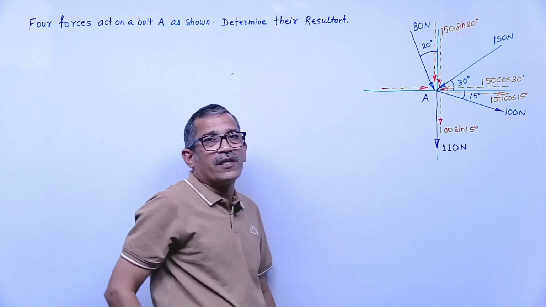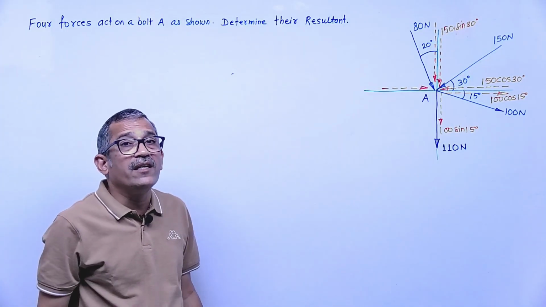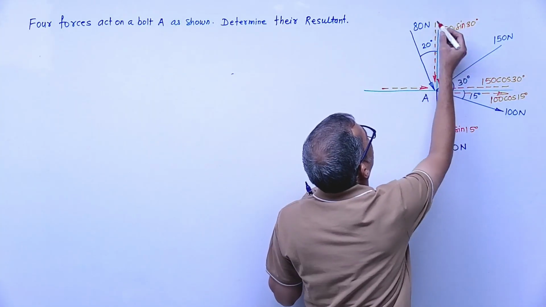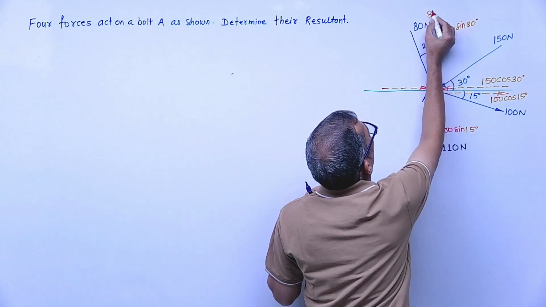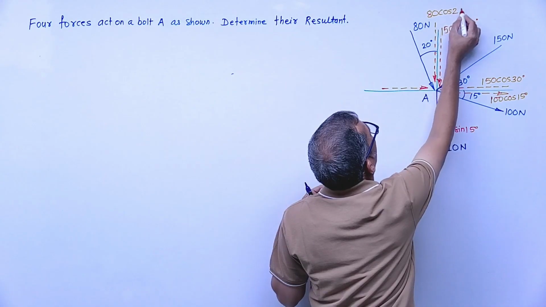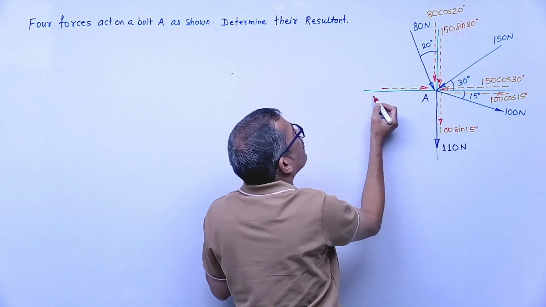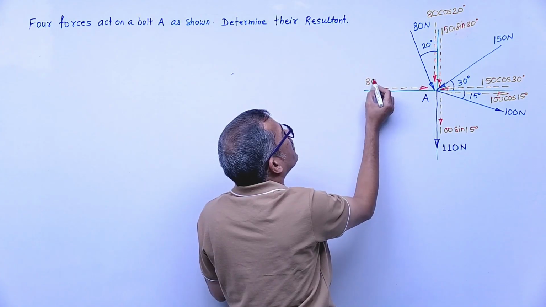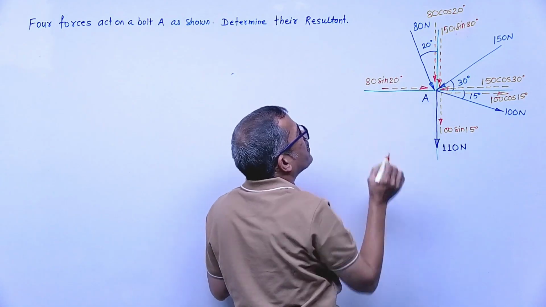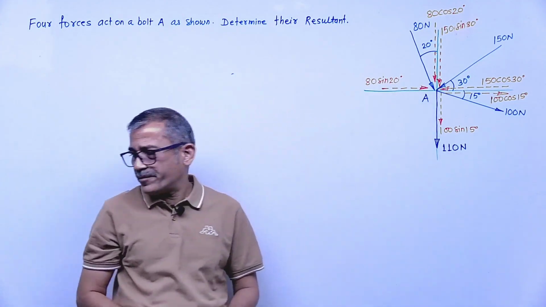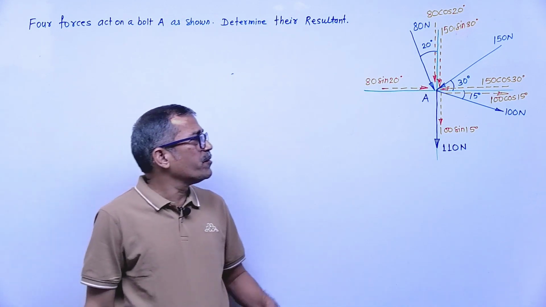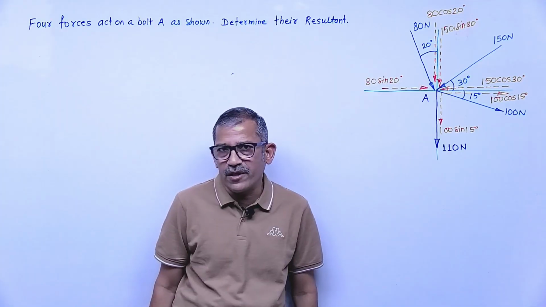Which component is cos? The angle is given with the vertical, so the vertical component is 80 cos 20 degrees and the horizontal component is 80 sin 20 degrees. Resolution clear? So cos and sin may be towards or away depending on the force.